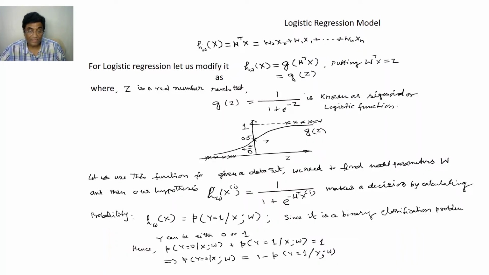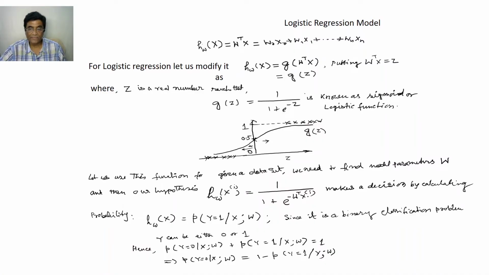My hypothesis is now calculating the probability that a sample belongs to class 1 or 0, that is, whether a particular sample is 800 square feet or 900 square feet. If it is 800 square feet and the value is 0.5, it is at the boundary between the two classes.